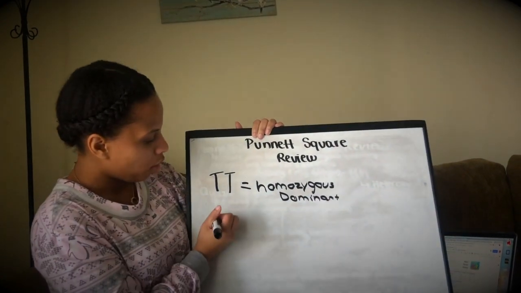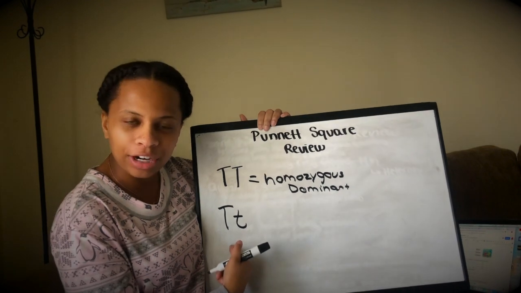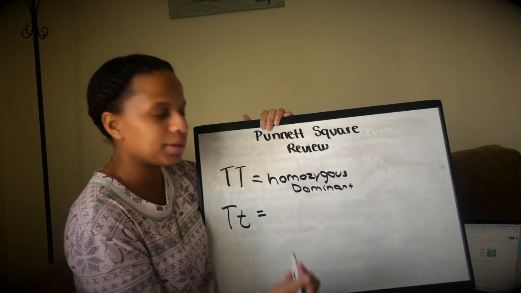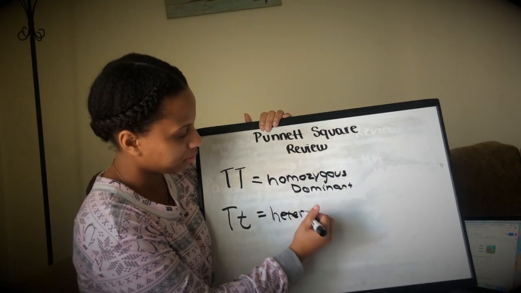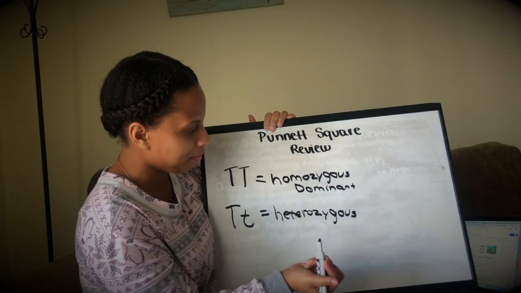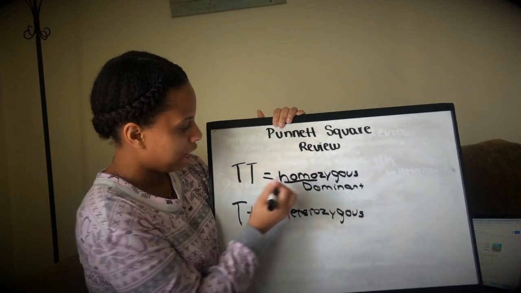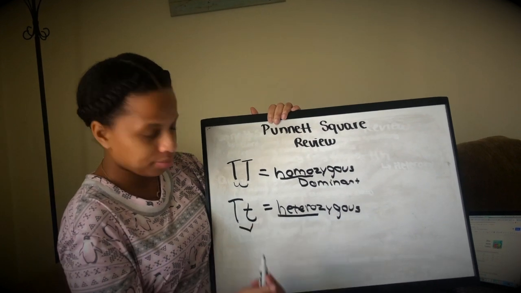Okay? Now, we have a capital T and a lowercase t. They're different. Because they're different, this is known as heterozygous. Homo is the same. Hetero is different. All right?